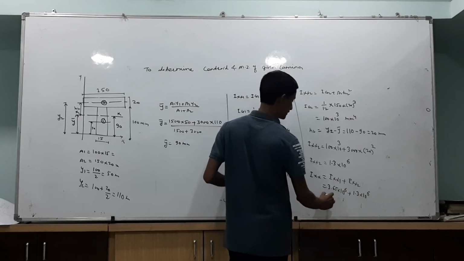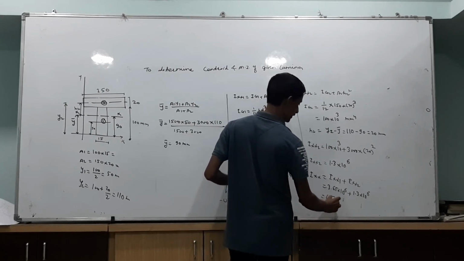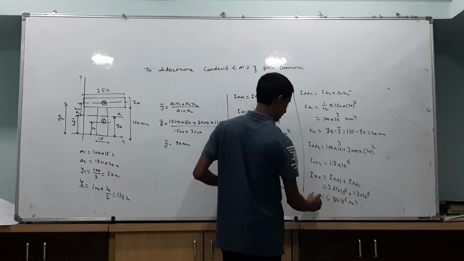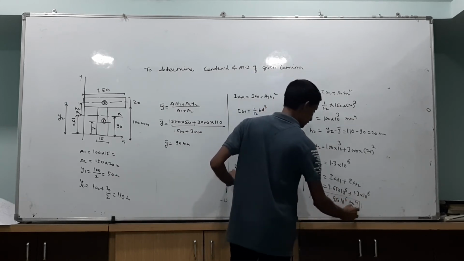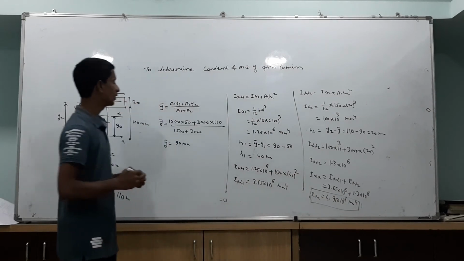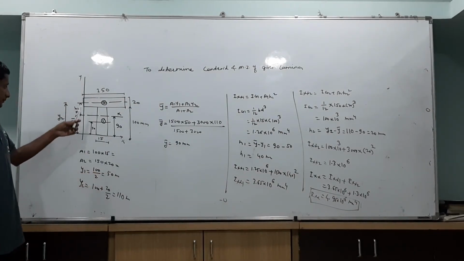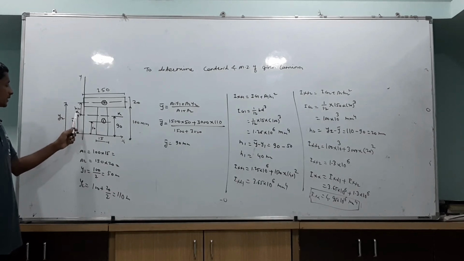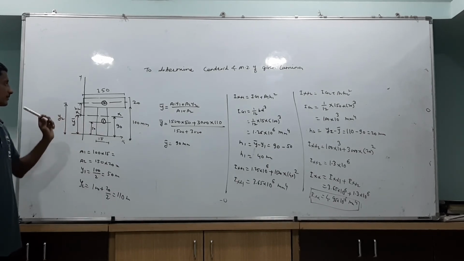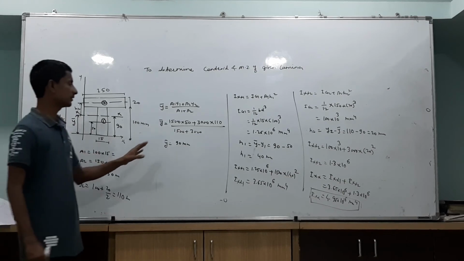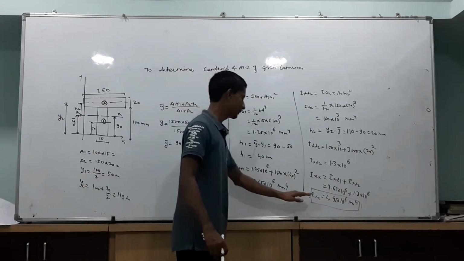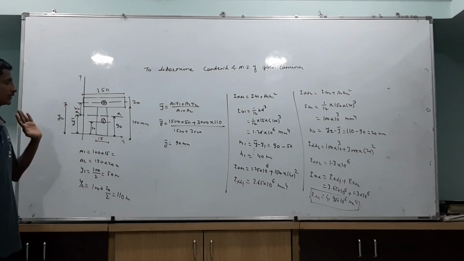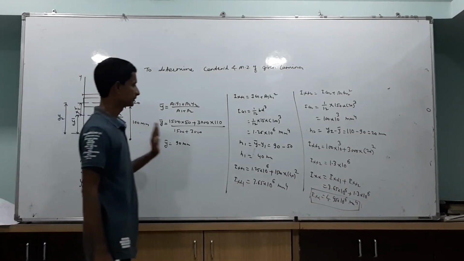So after calculation it is 4.95 into 10 raised to 6 mm raised to 4. This value gives the MI of the given composite figure about central axis xx. Similarly, we can calculate the MI of the given figure about the central axis yy in a similar way. Please try that one.